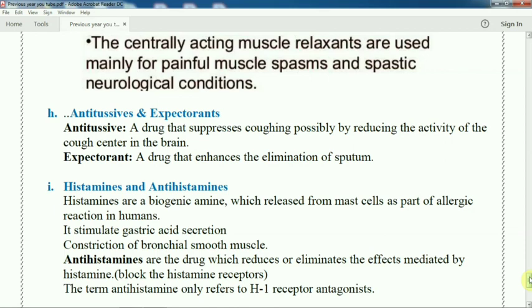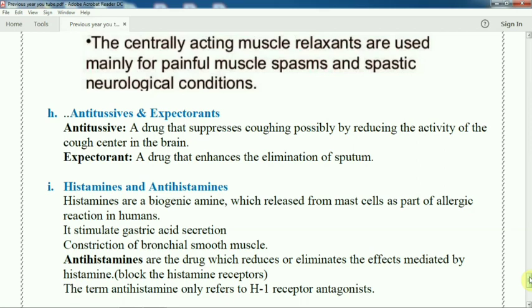So now comes to histamine and antihistamine. Histamines are biogenic amines released from the mast cells, and these cells are present mainly in the inner lining wall of the nose. In an allergic reaction in the human, it stimulates gastric acid secretion or acts on the smooth muscle. How gastric acid secretion occurs in the parietal cells, we have already discussed.